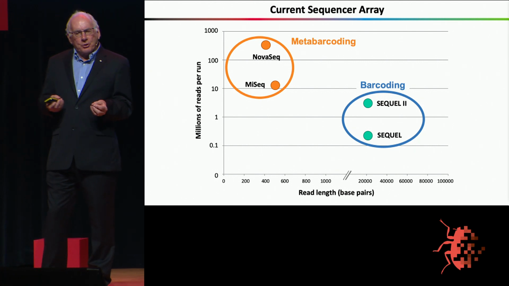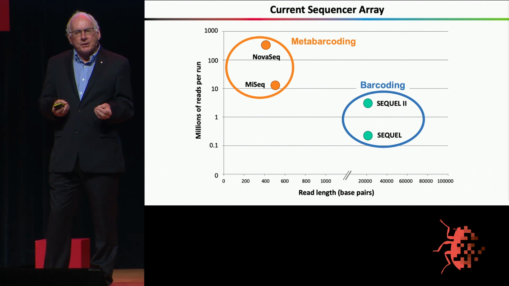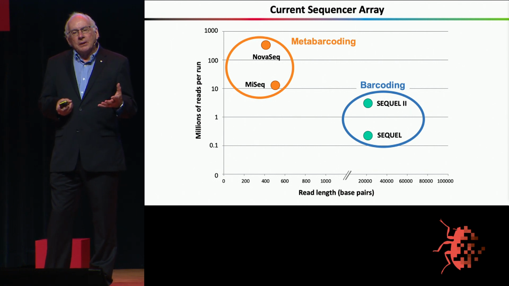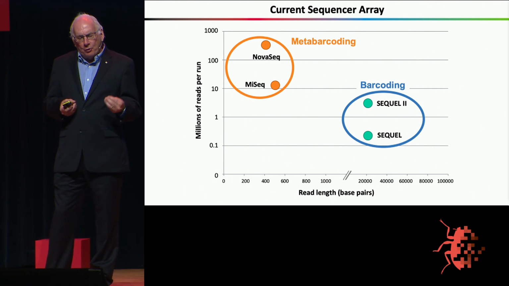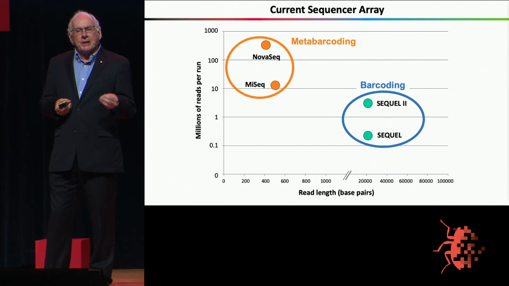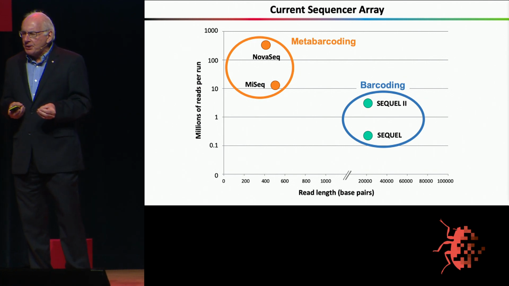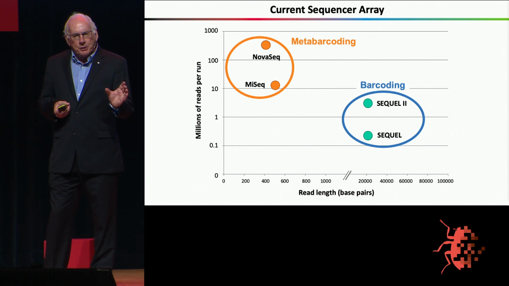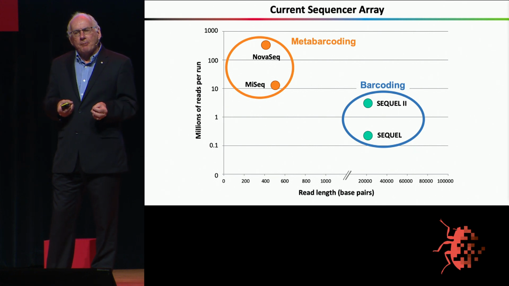These 2 workflows are benefiting from the tremendous advances in DNA sequencing technology. The Illumina platforms, the NovaSeq and the MiSeq, are ideal for metabarcoding analysis. They generate very short reads, about 500 base pairs, but they generate large numbers of them, up to 500 million reads in a run.